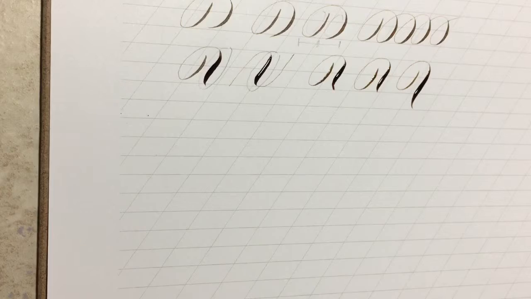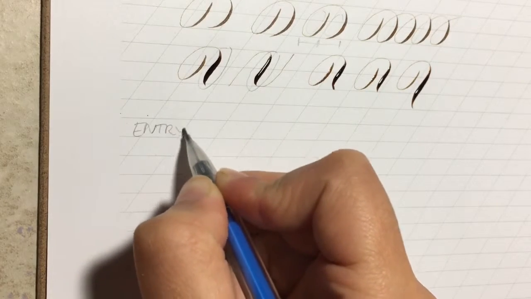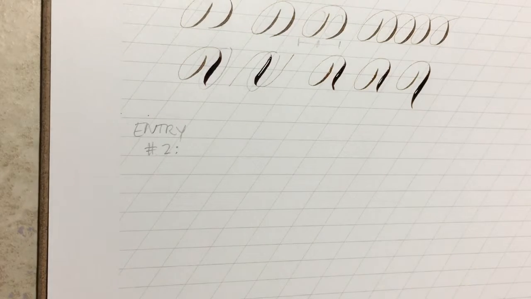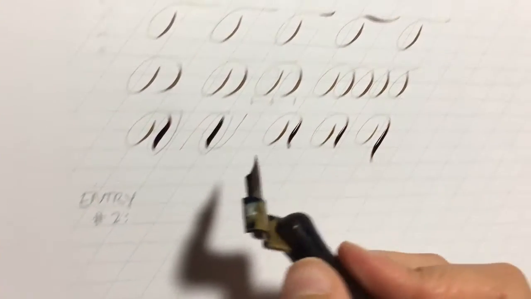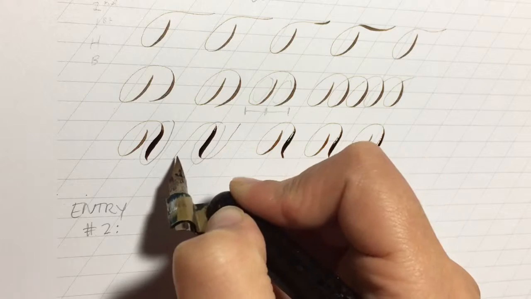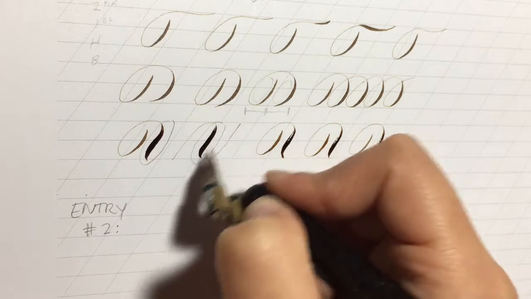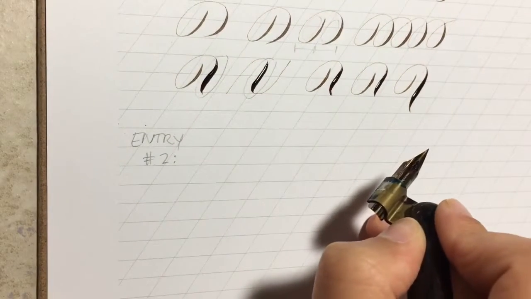Let's move on to number 2. And this is pretty simple. It's an extended compound curve. So if we look at this compound curve shape, basically it's going to be the same thing, except the entrance stroke and exit stroke are going to be taller than the shade.